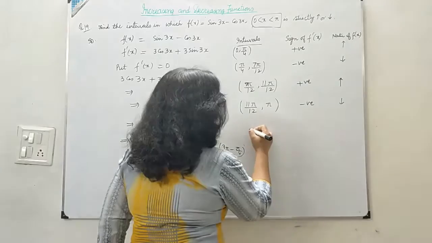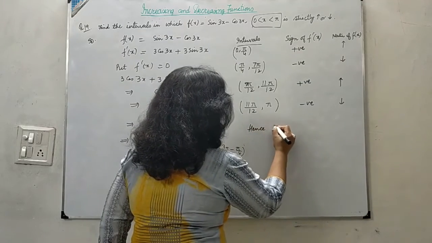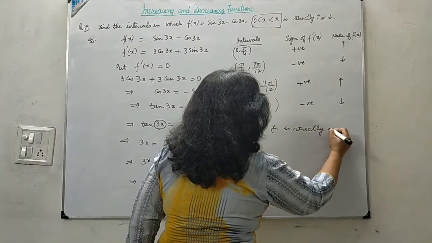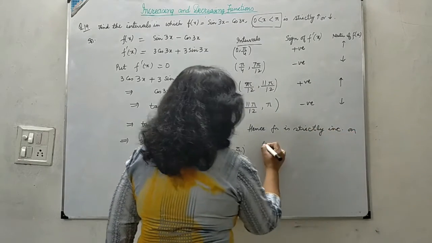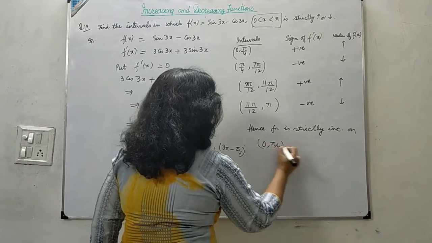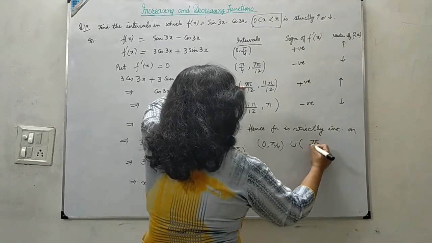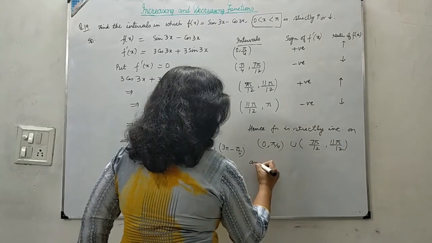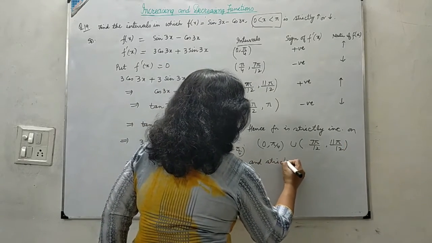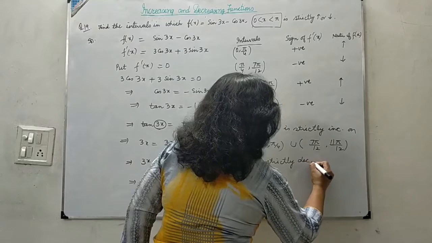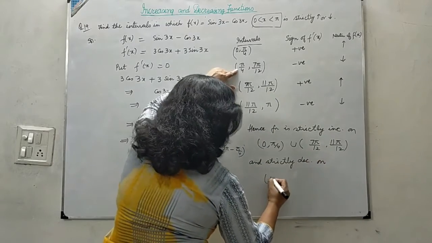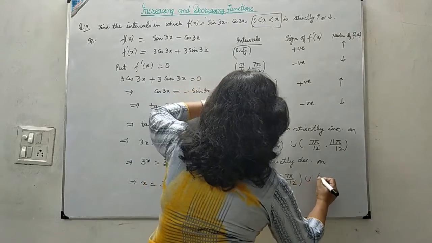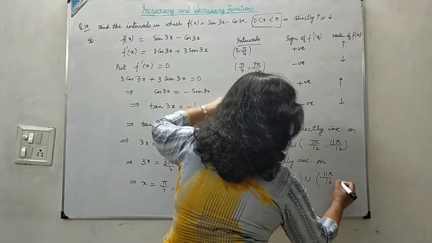And lastly we can conclude that the function is strictly increasing on 0 to pi by 4 union 7 pi by 12 to 11 pi by 12, and strictly decreasing on pi by 4 to 7 pi by 12 union 11 pi by 12 to pi.